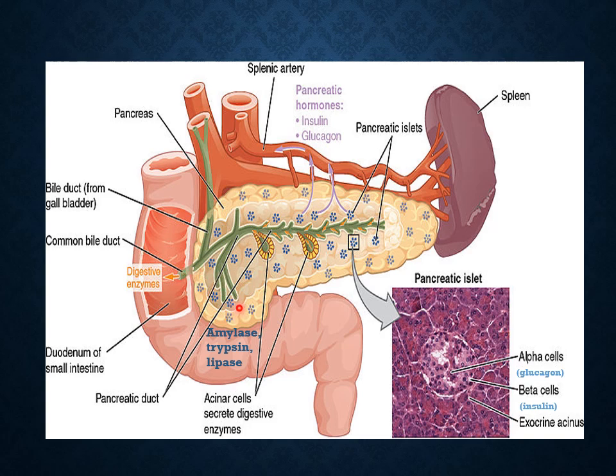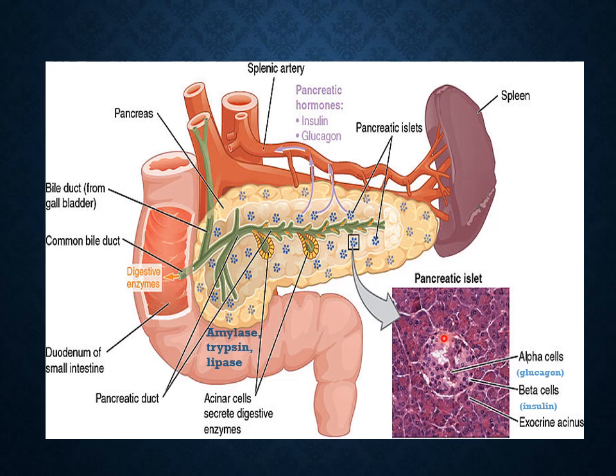These acinar cell secretions drain into ductules, which finally form the main pancreatic duct that runs through the center of the organ. At its lower exit, this pancreatic duct joins the common bile duct to form the ampulla of Vater, which then empties the digestive enzymes into the second part of the duodenum.